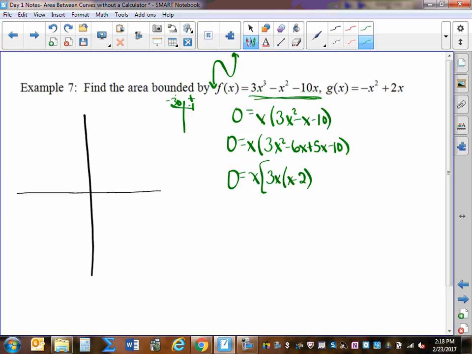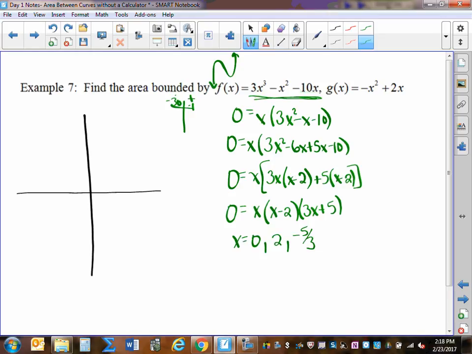Unfactor, factor, and let's see if we get the same thing. And then once you do that, go ahead and factor your other one here.